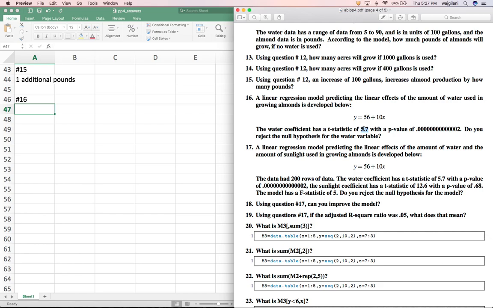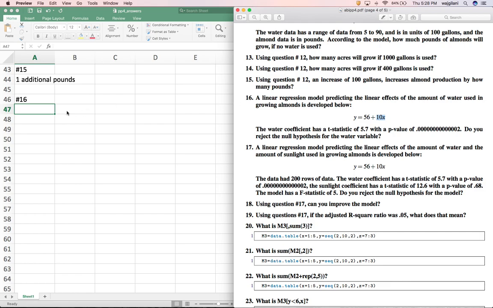And what is the null hypothesis? Just as a refresher, when you're doing linear regression, all the values that come back from those coefficients, in this case how many gallons of water I use to grow almonds, the assumption is that we're skeptical. We're scientists, we're always skeptical. The value we got back was 10, that was the coefficient, but we're skeptical that it's not just random error of some sort.